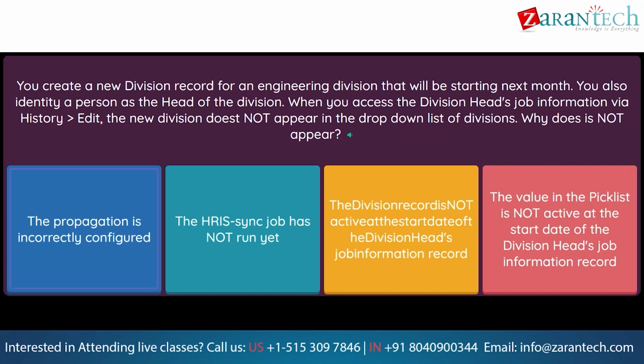Option 1, the propagation is incorrectly configured. Option 2, the HRIS sync job has not run yet. Option 3, the division record is not active at the start date of the division head's job information record. Option 4, the value in the pick list is not active at the start date of the division head's job information record.